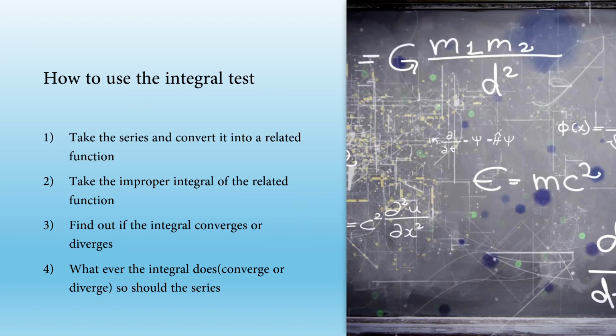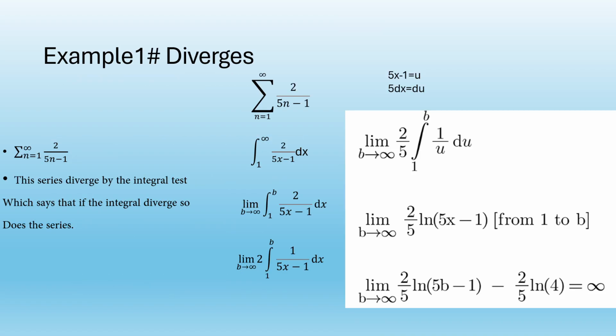Okay, how to use the integral test. Here I'm going to go over 3 examples for us: a diverging, a converging, and an inconclusive example. First one right here is diverging.